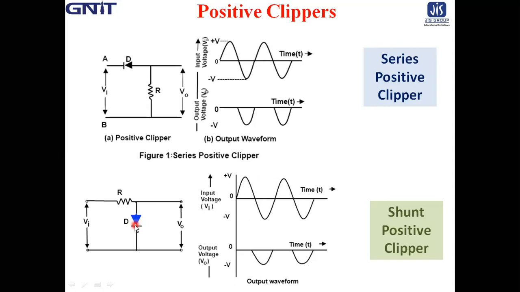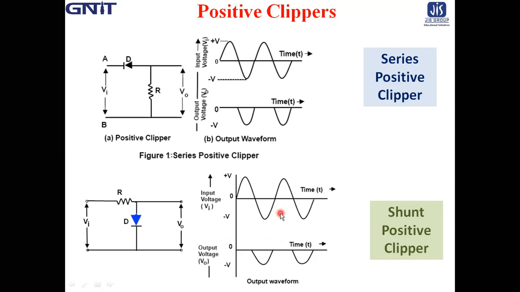All the applied voltage drops across R, and no voltage is dropped across D. Thus, output signal across D is clipped off during the positive half cycle. On the contrary, during negative half cycle, the diode is reverse biased and acts like an open switch. The applied voltage is dropped totally across D. The output signal across D is retained.